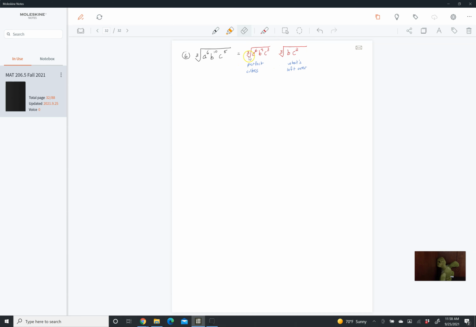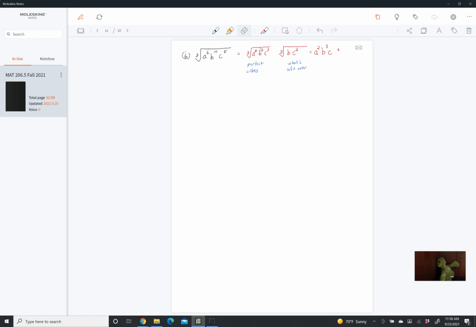Second step, simplify this. So take every one of these exponents and divide by 3. So what do we get? 6 divided by 3 is 2. So we have a squared. 9 divided by 3 is 3. So we have b cubed. And then 3 divided by 3 is 1. So we just have c.